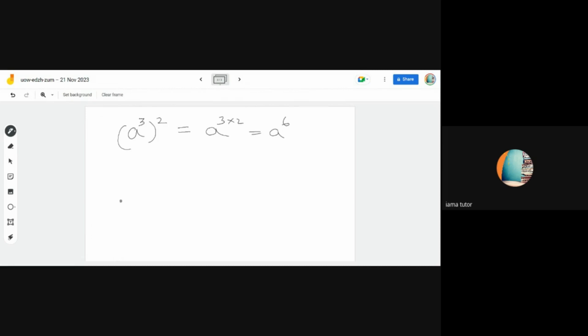So what does that mean? If you have a raised to power n in brackets, raised to power m, that gives you a raised to power n times m, or a raised to power m times n. It does not matter; n times m is equal to m times n. This is the next law of indices, called the power law.